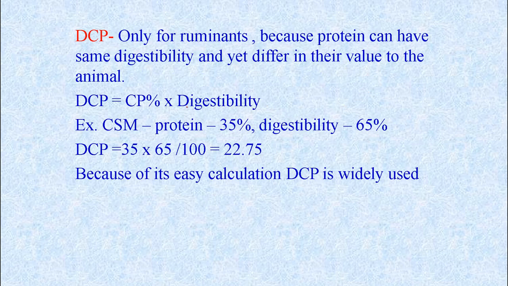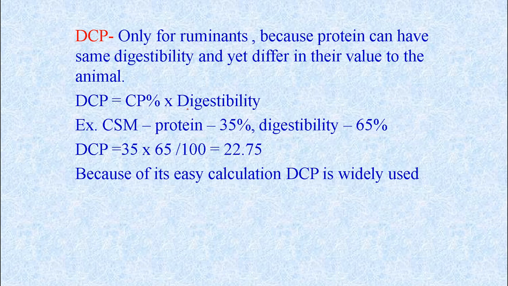Whereas DCP is only for ruminants, because proteins can have the same digestibility and yet differ in their value, especially in animals. DCP is crude protein percent into digestibility.